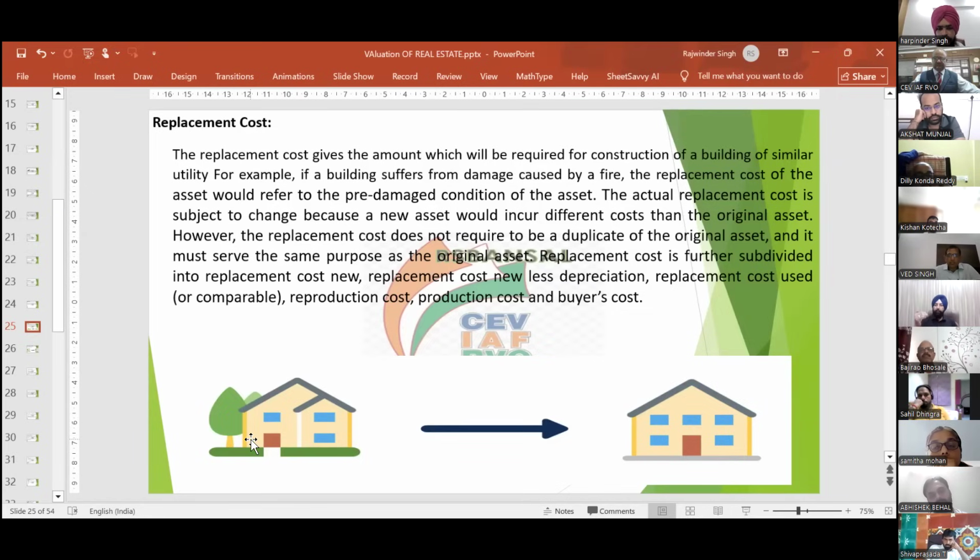Now the partition wall has been constructed with cement mortar, because nowadays cement mortar is used, and it is not plastered on both the sides, but it can still have the same usefulness as before. It means the usefulness of the asset will remain the same. You have replaced the asset with a similar asset which has the same utility but may not have the same specification.